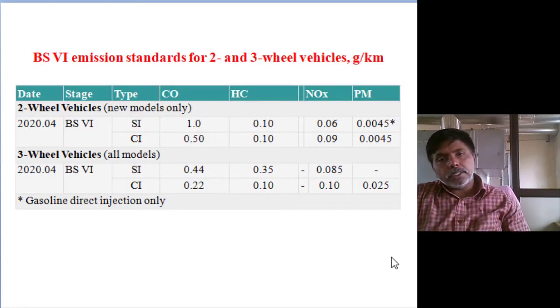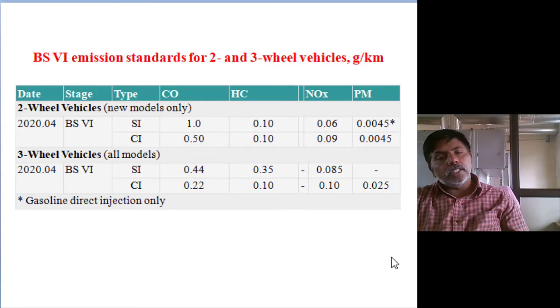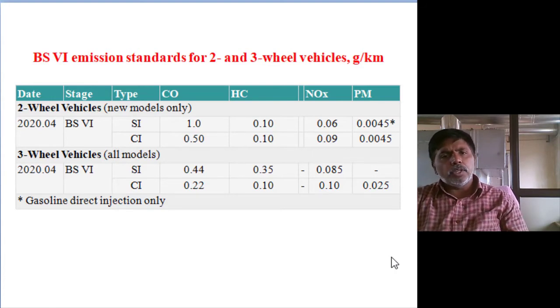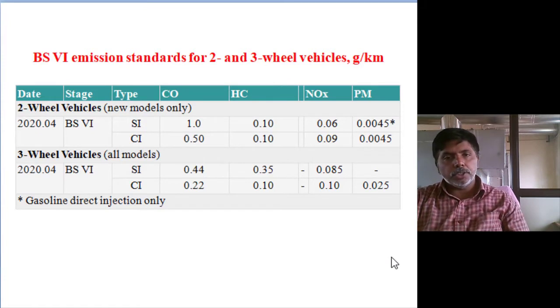Coming to Bharat 6 two-wheelers and three-wheelers. I am not discussing all of them, because that journey is completed. At present, I am telling what is required. Two-wheelers: CI engines means Enfield engines, Enfield vehicles are compression ignition, but the majority are spark ignition only.